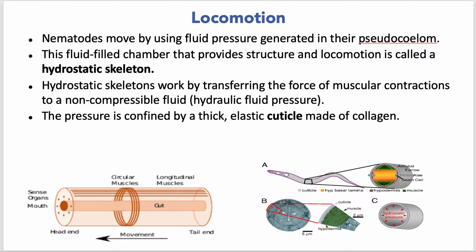All right. For movement, for locomotion, nematodes move by using fluid pressure generated in their pseudocoelom. This fluid-filled chamber that provides structure and locomotion is called a hydrostatic skeleton. So hydrostatic skeletons work by transferring the force of muscular contractions to a non-compressible fluid, like hydraulic fluid pressure. The pressure is confined by a thick elastic cuticle made of collagen.